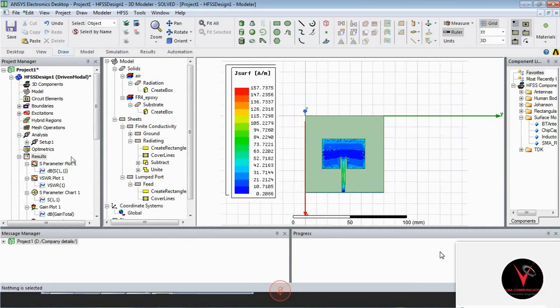The next thing, sir. Sir, how do we check the polarization type of an antenna in a graphical way? Polarization type, elliptical polarization, circular polarization. Yes, sir.